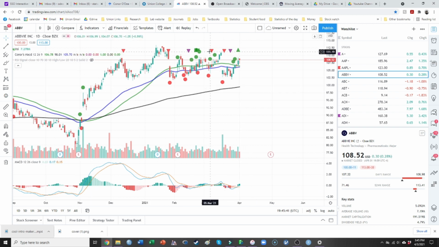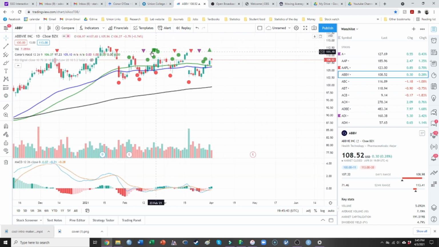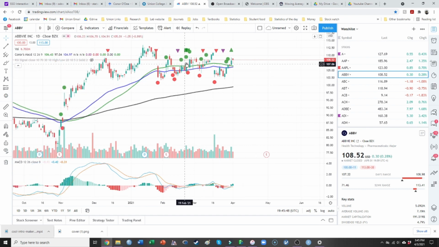So for me, and this is where the green flags are, you can kind of see that underneath this arrow there's a green flag. You can't really see it too much.